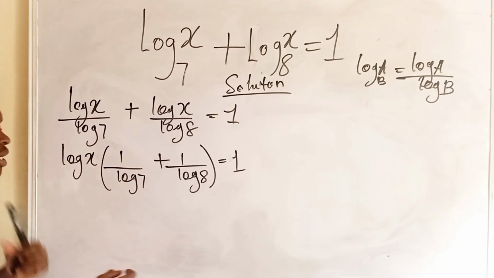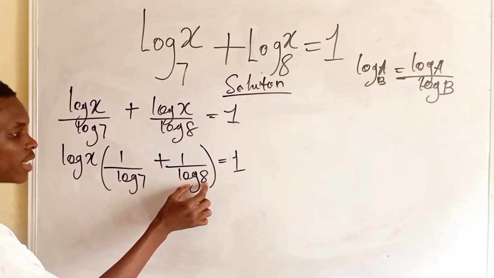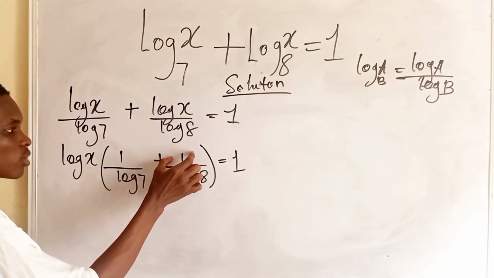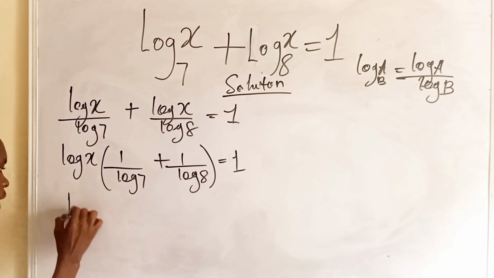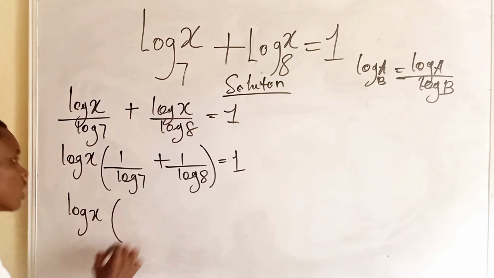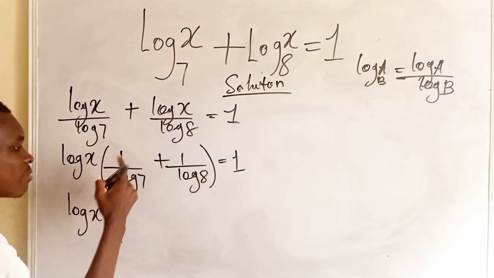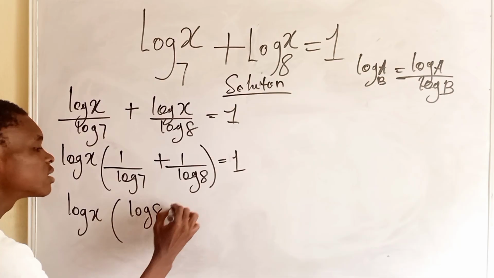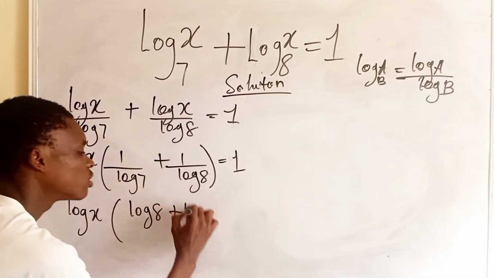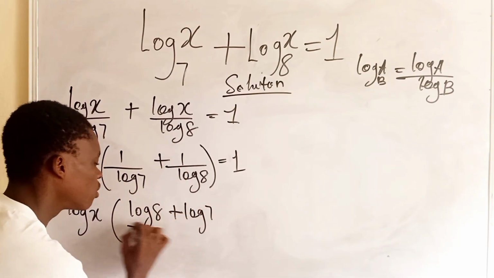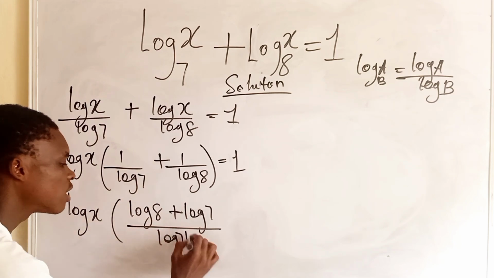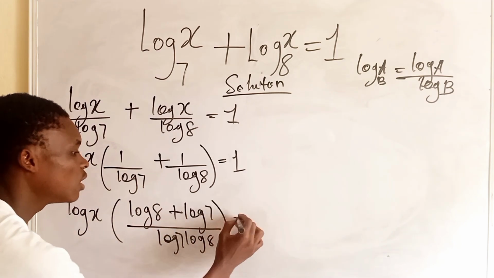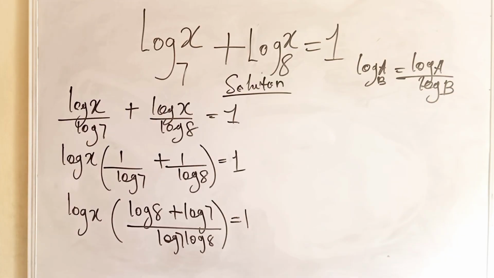It is to find the LCM. We will use log 8 to multiply this, log 7 to multiply this, and multiply the denominators together. So if we do that, this will happen: log x into bracket log 8 times 1 gives us log 8, plus log 7 times 1 gives us log 7, all divided by these two multiplied together, which gives us log 7 log 8, equals 1.